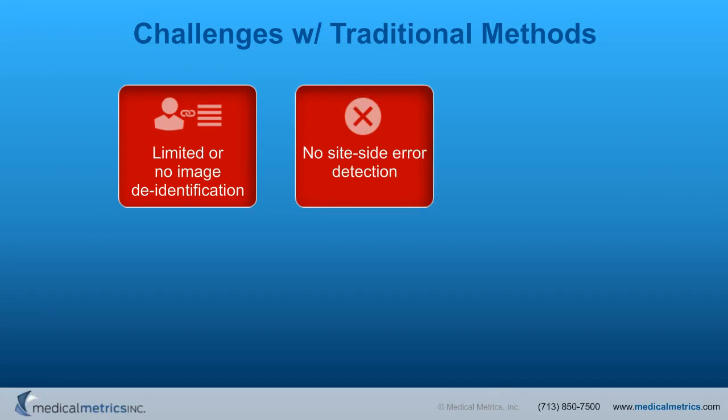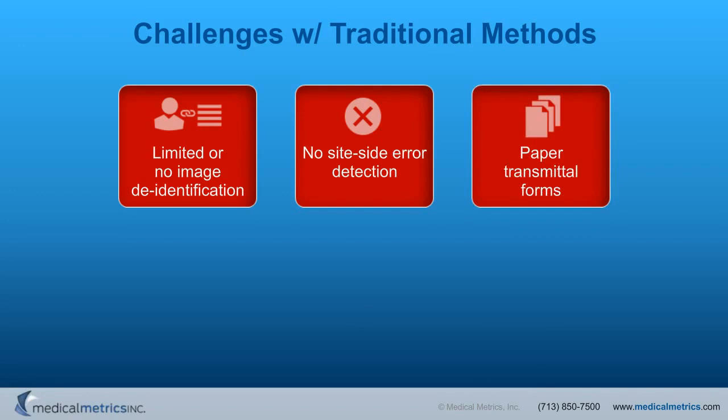Errors in labeling and protocol compliance are usually identified only after the images are received at the core lab. There is no real-time warning to the sites about any potential errors or discrepancies with the data. Paper transmittal forms. As you have seen, completing transmittal forms is a manual process that can be burdensome and error-prone.